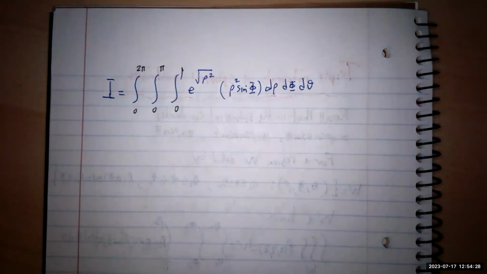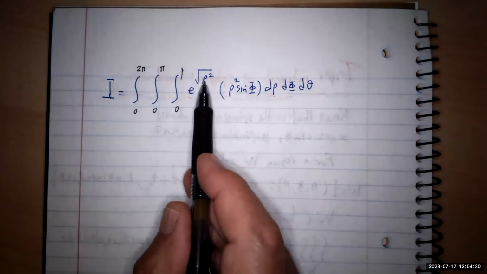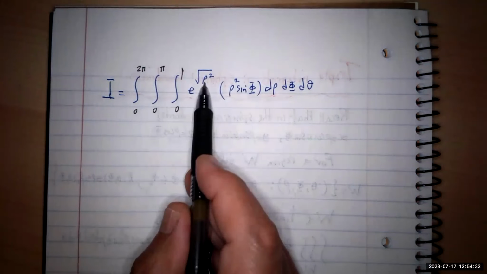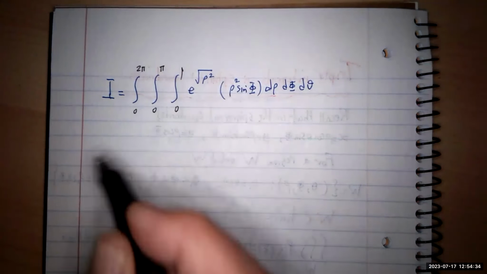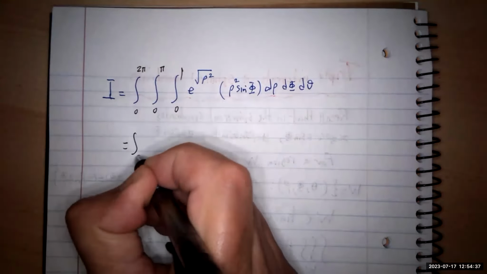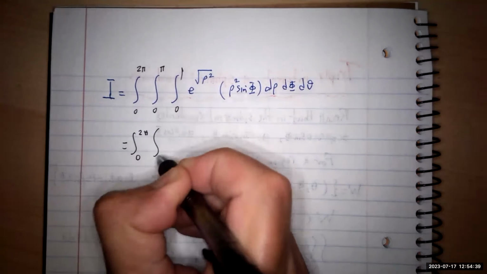So this would be e to the rho, and there is a rho squared over here. So it's going to be equal to the integral 0 to 2 pi, 0 to pi.